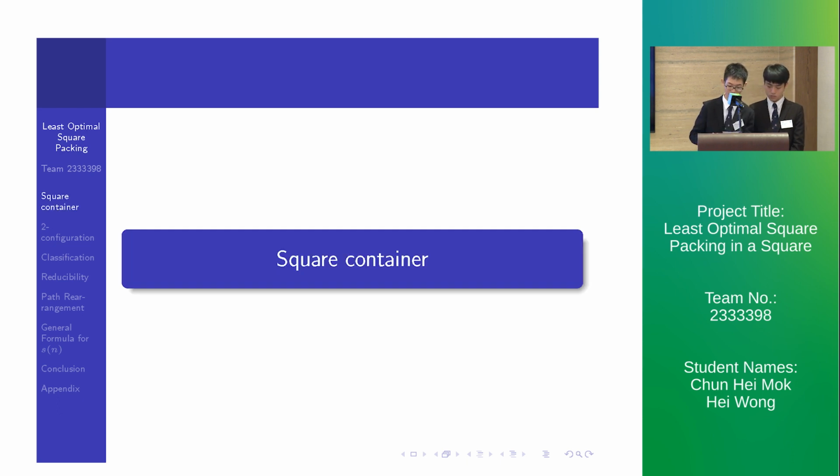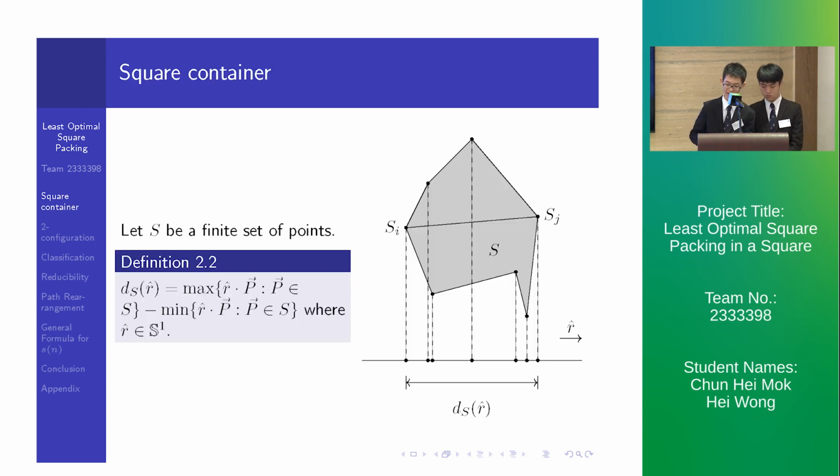After we've defined our problem, let's first discuss some properties of a square container. For a set of points S, let's define d_S(R) to be the size oriented along a direction R as shown.